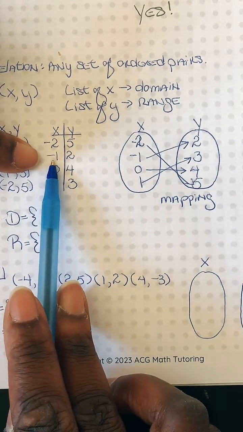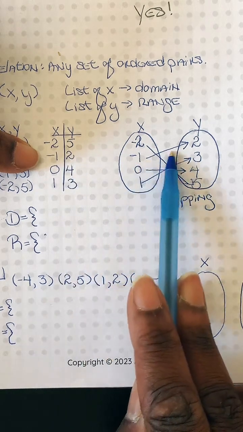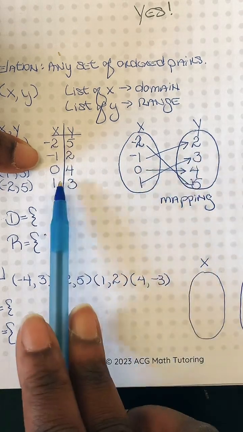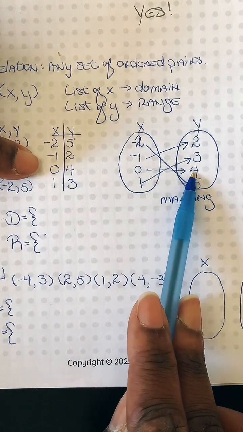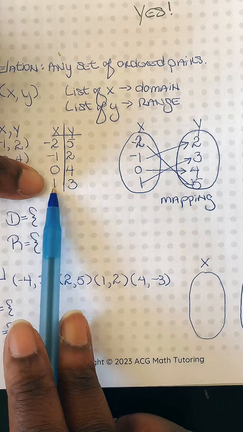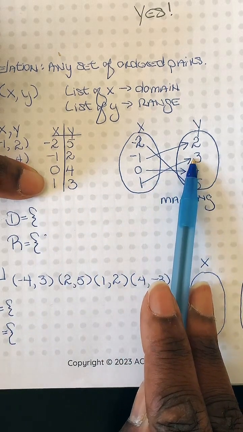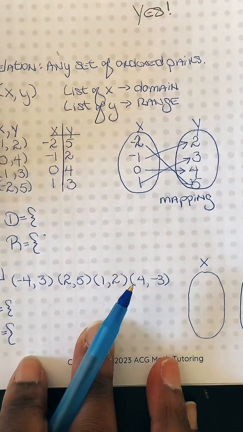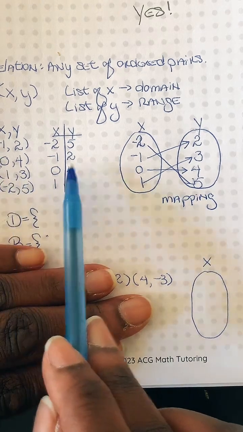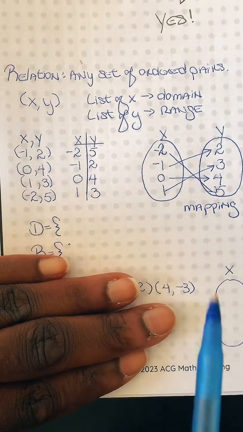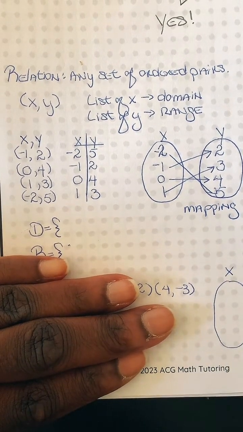The -1 goes to my 2. My 0 goes to my 4. My 1 goes to my 3. So this is basically three ways to organize your relation.